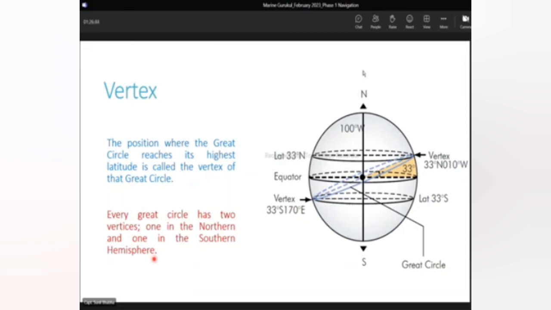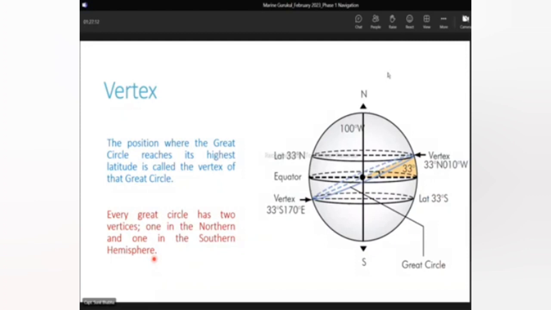Let me know once you are done. If you want, you can take a screenshot and save it. Later on, you can make notes, beta. Okay, sir, I'm done with that. Thank you. Okay, all right.